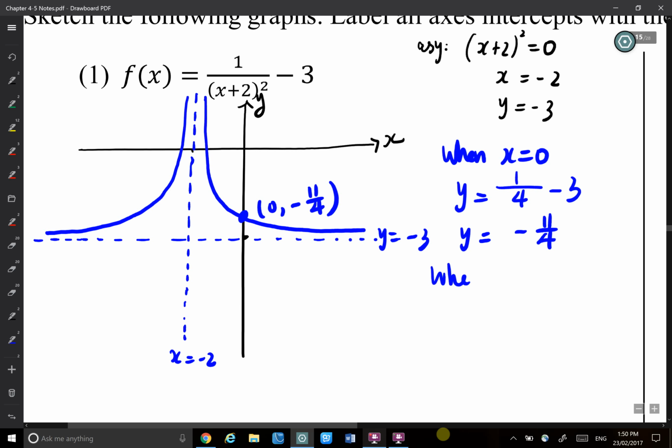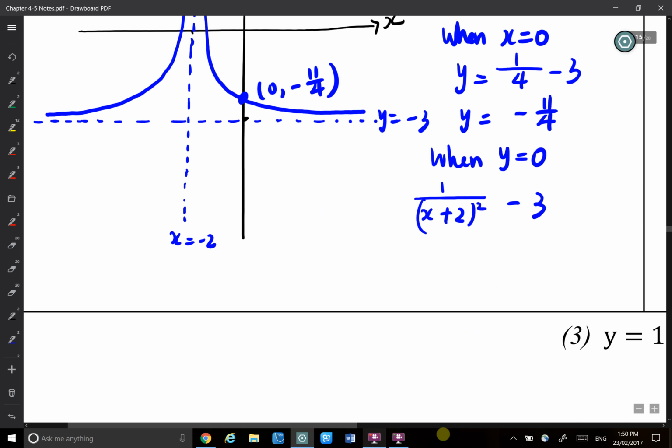Next one is when y equals 0, 1 over (x plus 2) squared equals 3. Okay, that should be 3. And then I will have 3 times (x plus 2) squared equals 1. And (x plus 2) squared equals 1 on 3.